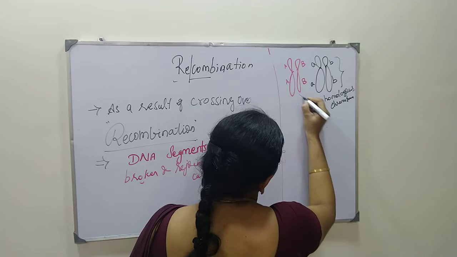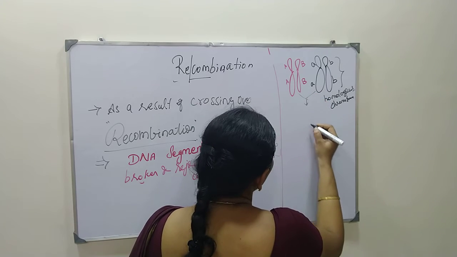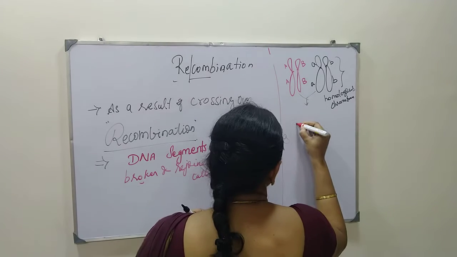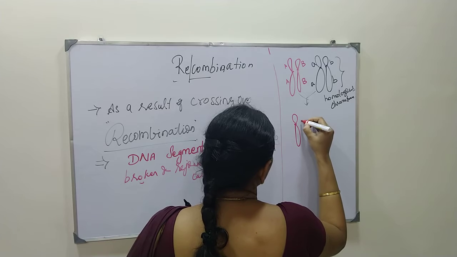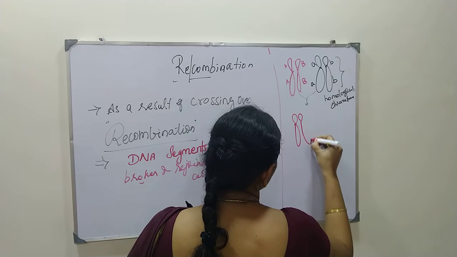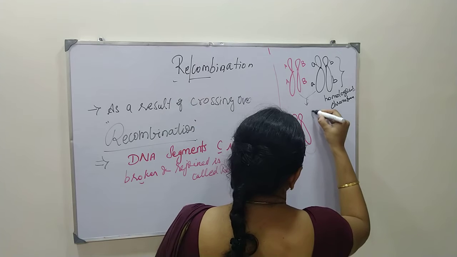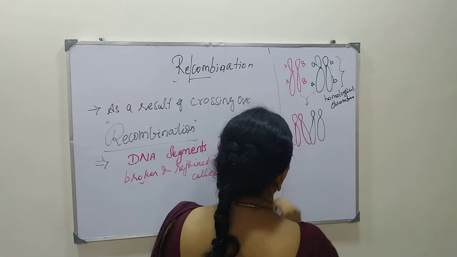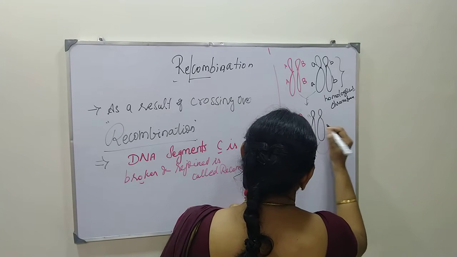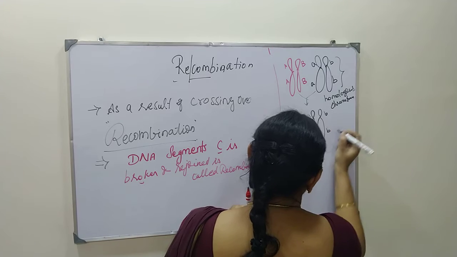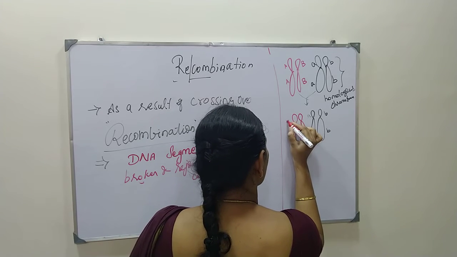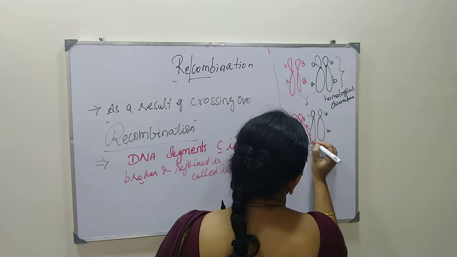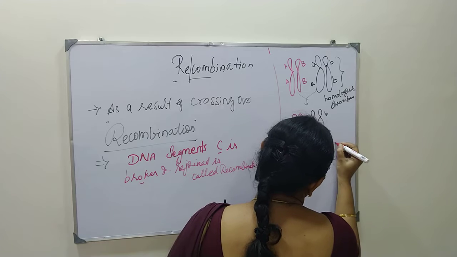So here the crossing over takes place. How is it possible? Capital A, capital A, capital B, capital B. Here the crossing over mechanism takes place.